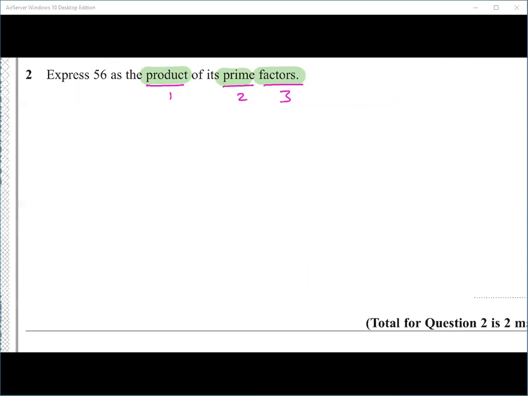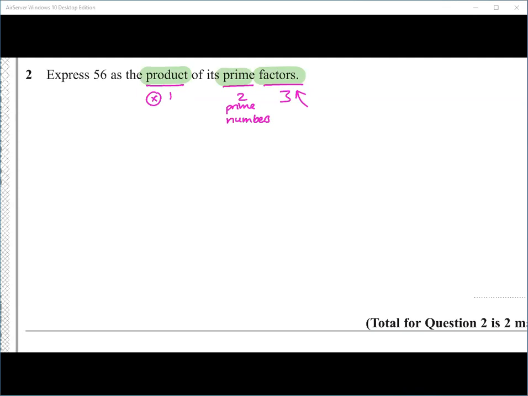A product is something times something to give you 56. And what does prime mean? So prime factor basically means a prime number that's also a factor.